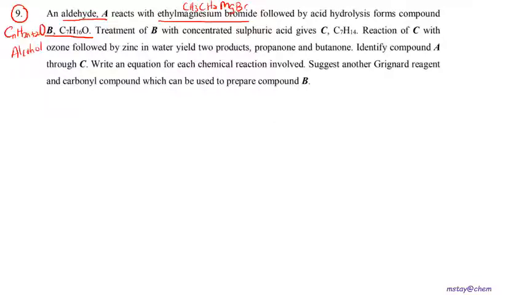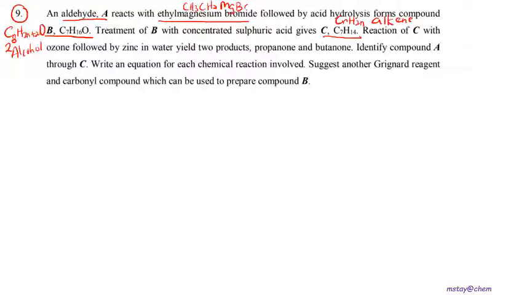Because A is an aldehyde, when an aldehyde reacts with the Grignard reagent followed by hydrolysis, it produces a secondary alcohol. Treatment of B with concentrated sulfuric acid will give C7H14, CnH2n, so we know this is an alkene.